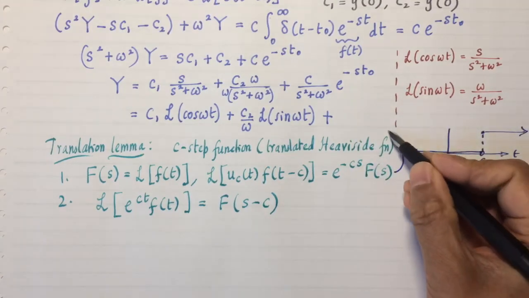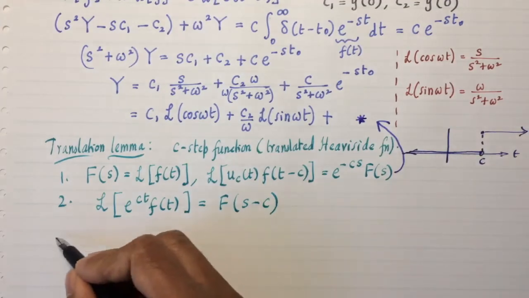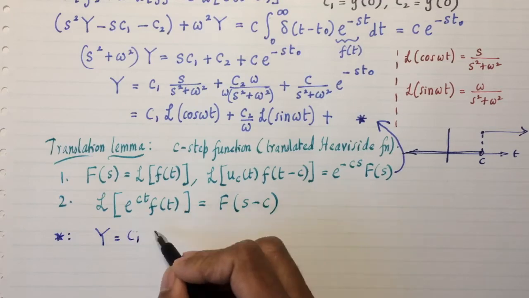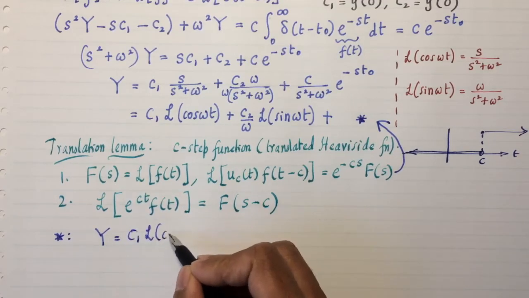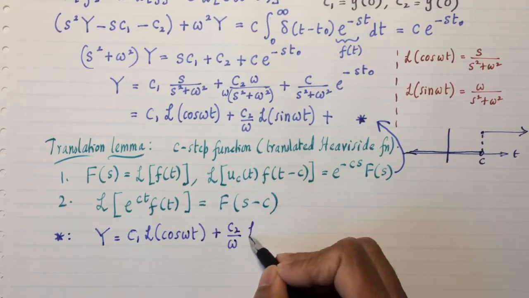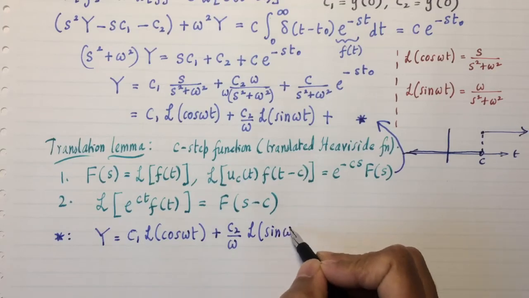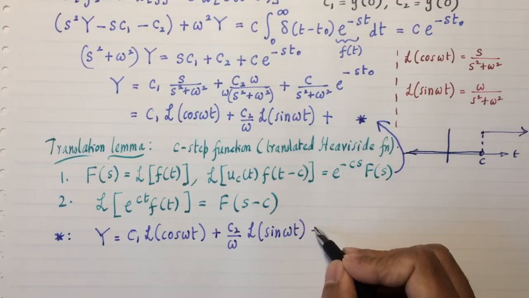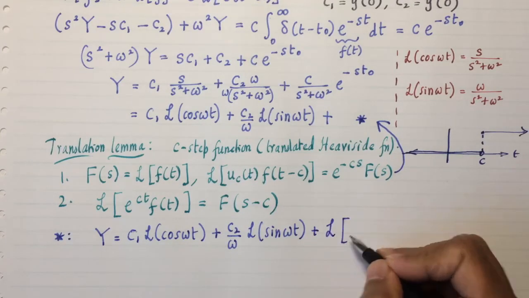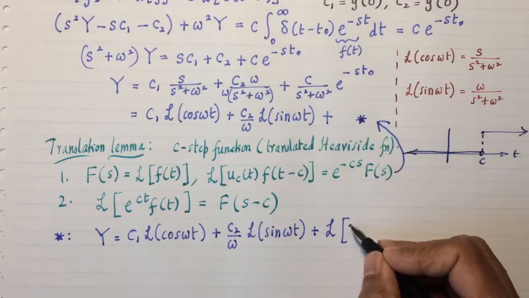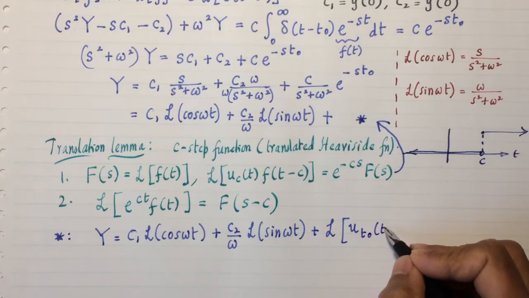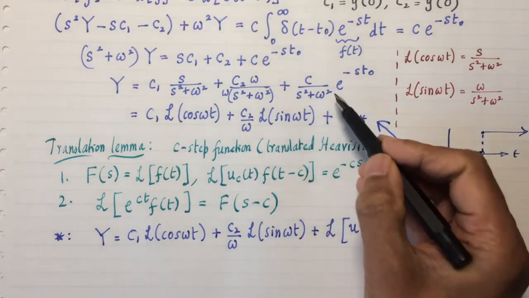this is going to be, so the Laplace transform of y is going to be c1 times the Laplace transform of cosine omega t plus c2 over omega, the Laplace transform of sine omega t, plus I'll write this as the Laplace transform of u_c, where c in this case is t naught, times f, which is everything else.